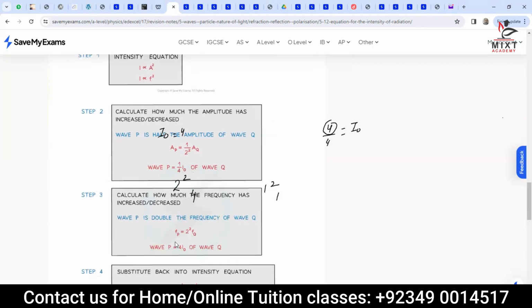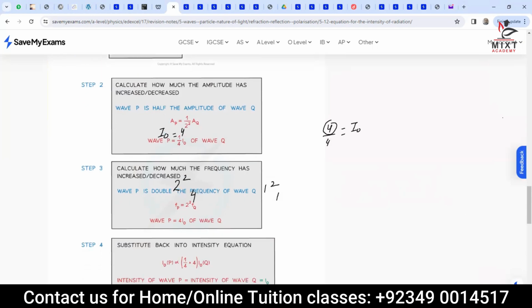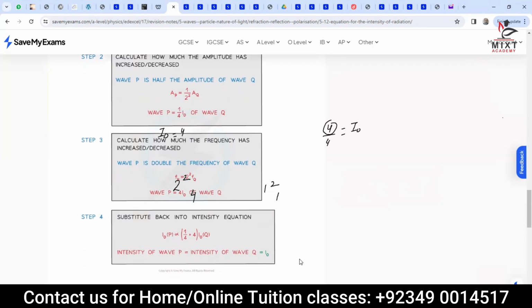So you multiply it by 2 to get the frequency of P. So wave P is equal to 4 I naught of Q naught. When you substitute all the values, you will get intensity of Q is equal to I naught. It will be the same intensity your Q has.